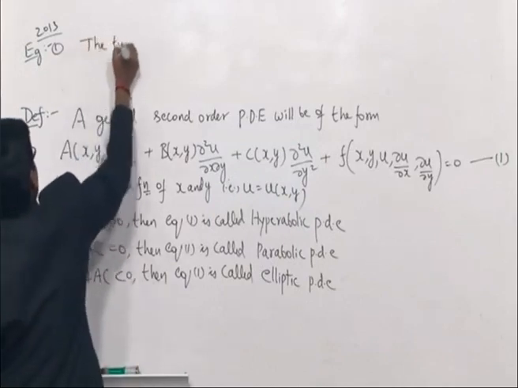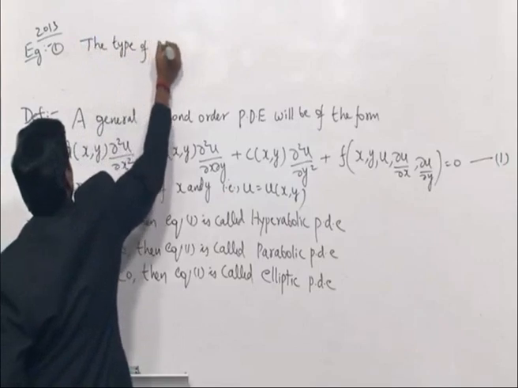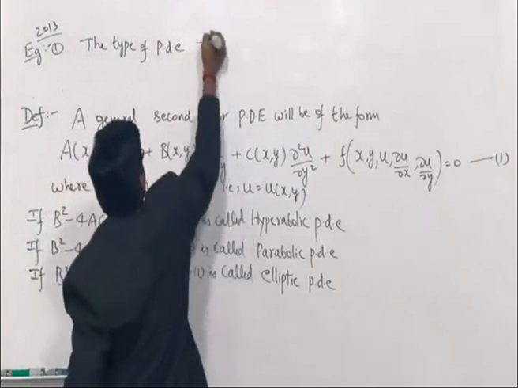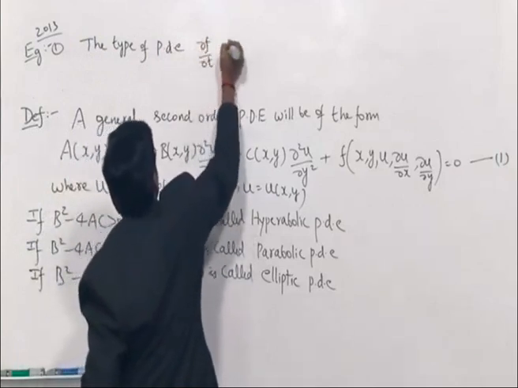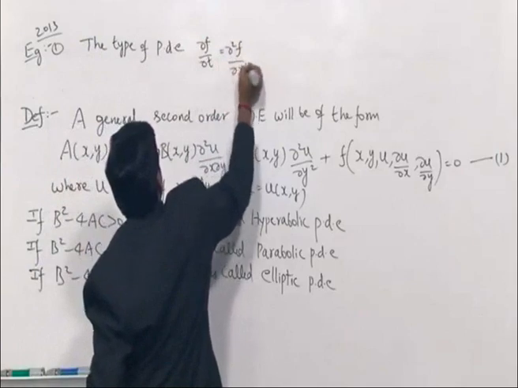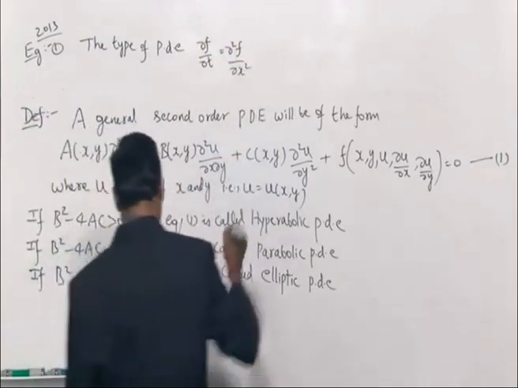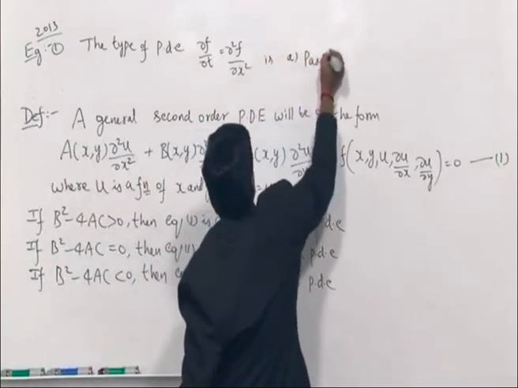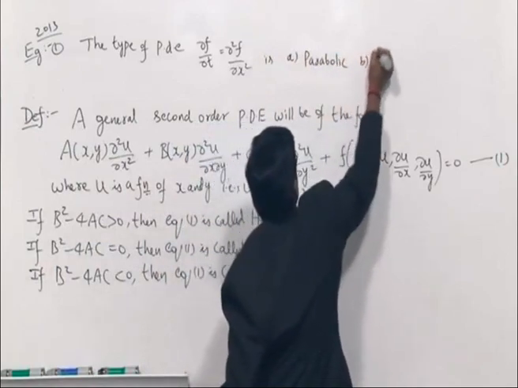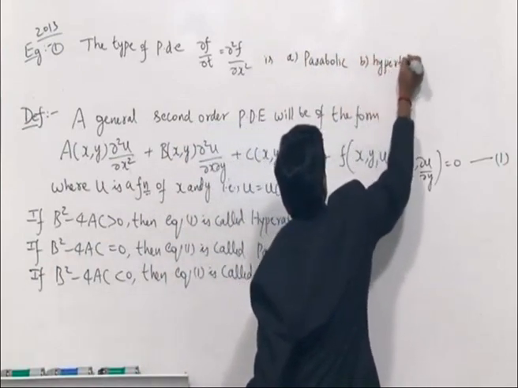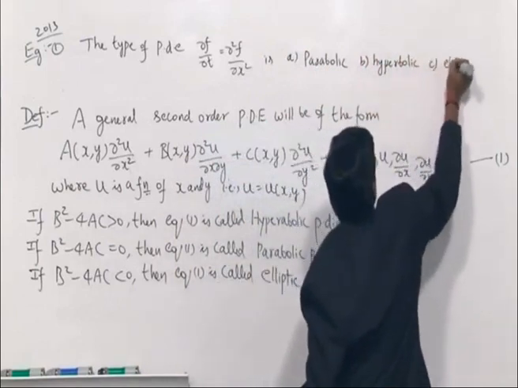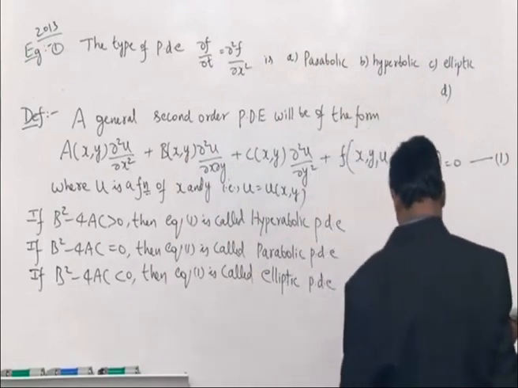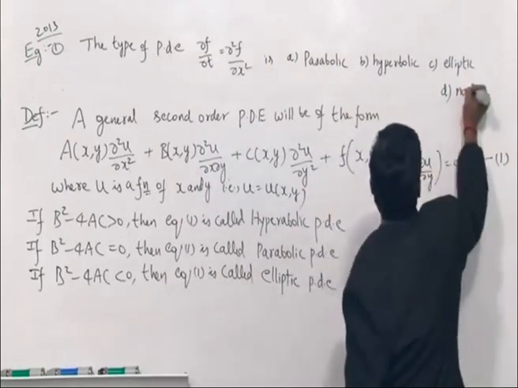The type of PDE dou f by dou t is equal to dou square f by dou x square is: A, parabolic; B, hyperbolic; C, elliptic; D, non-linear.